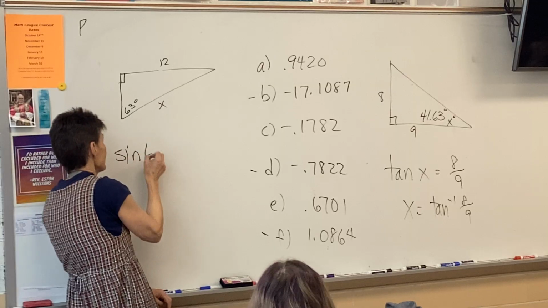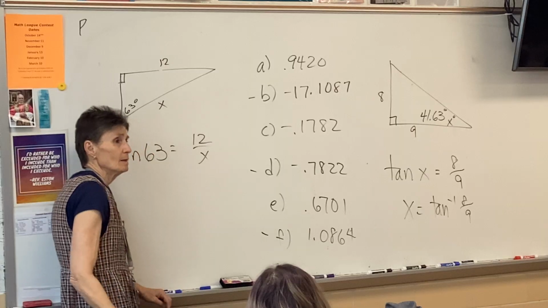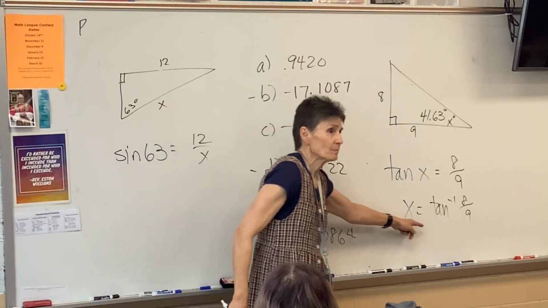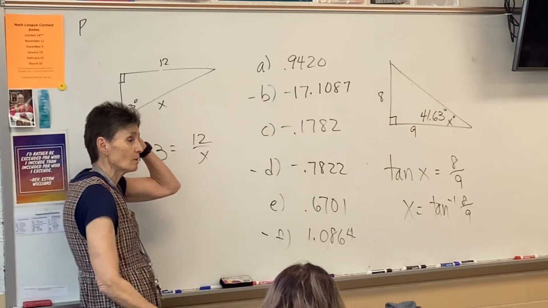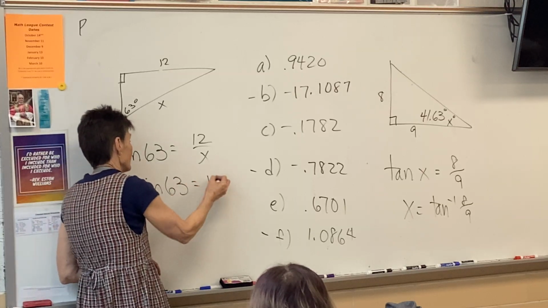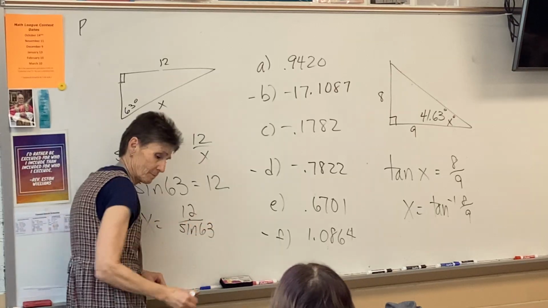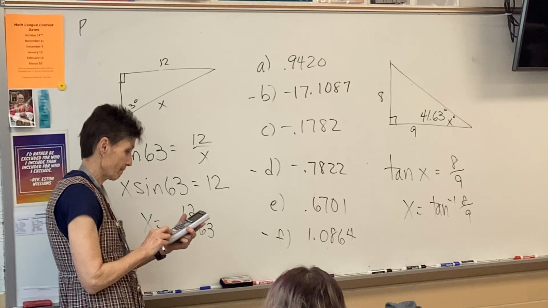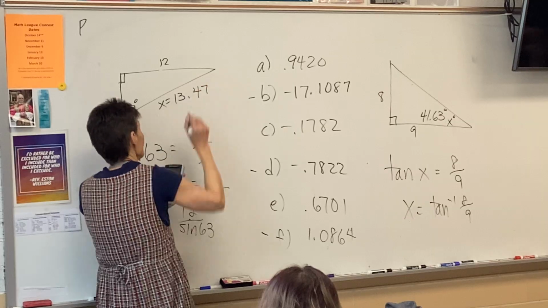So sine 63 equals 12 over x. Now, am I going to be using this button? No, because I know my angle. I only use that button when x is the angle. So here I will multiply by x and divide by 12, and type it in. 13.47.